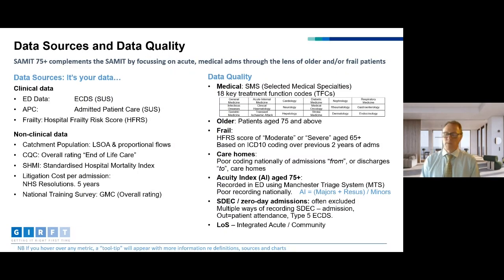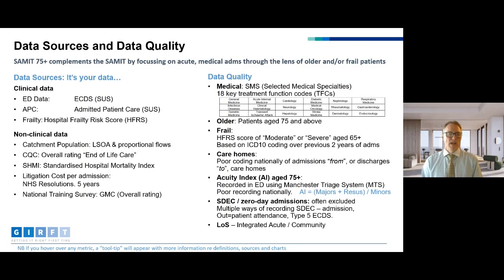So we can proxy what the population is. Essentially, when we match that against activity, if you're above the line, it means there is more activity than you would expect from your population. If you're below the line, then there are fewer patients, and that catchable population is over 75s.